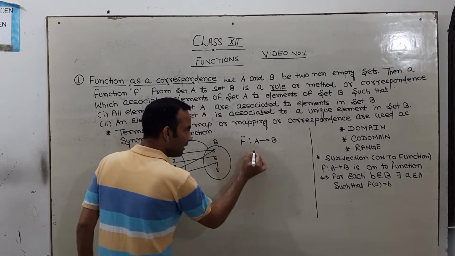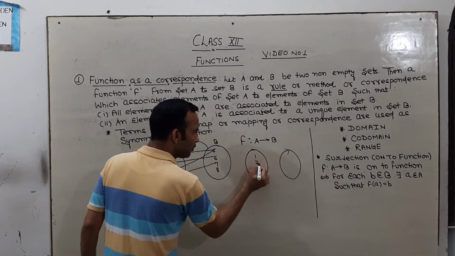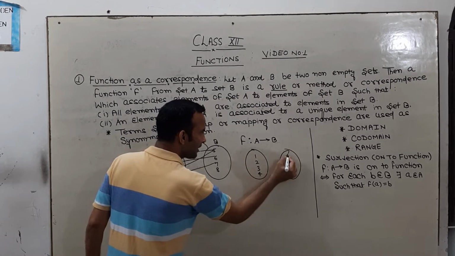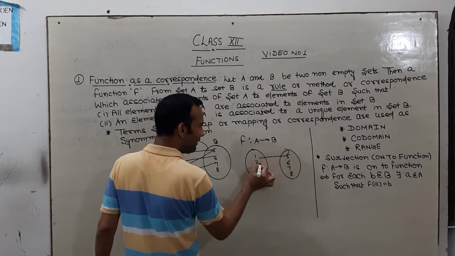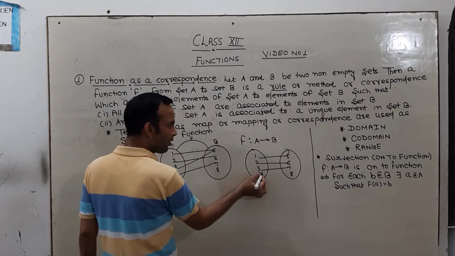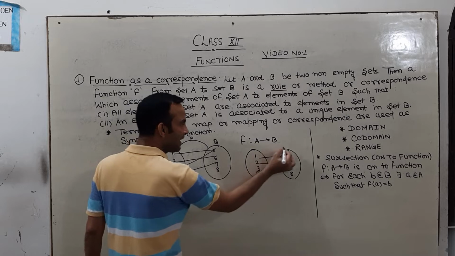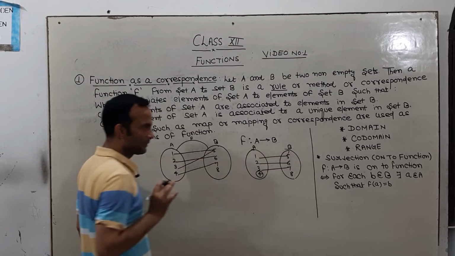Let us suppose that I am taking another example. Here 1, 2, 3, 4 is given, and here 5, 6, 7, 8 is given. 1 is related to 5, 2 is related to 6, 3 is related to 7. But 4 is not related to any element in set B. 4 is not related.